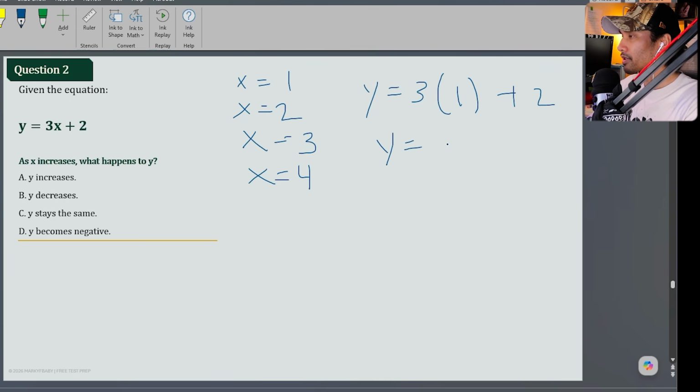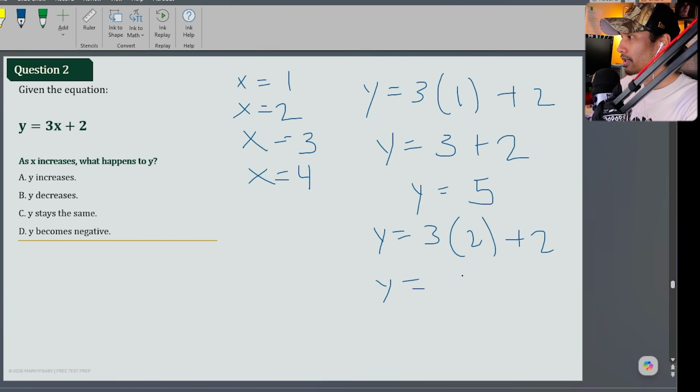Y is equal to 3 plus 2, and then y is equal to 5. Now we'll do x equaling 2. Y is equal to 3 times 2 plus 2. Y is equal to 6 plus 2, and then y is equal to 8.